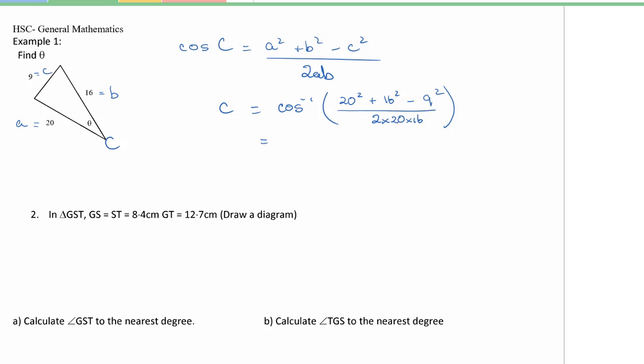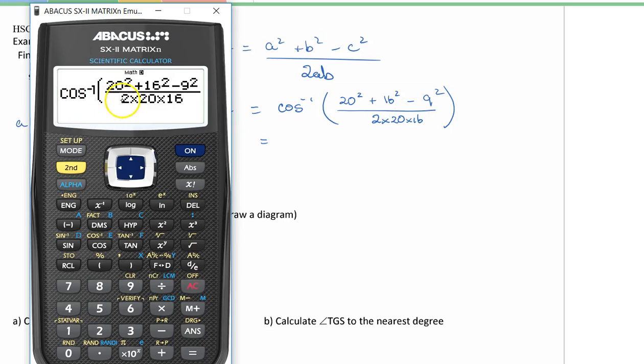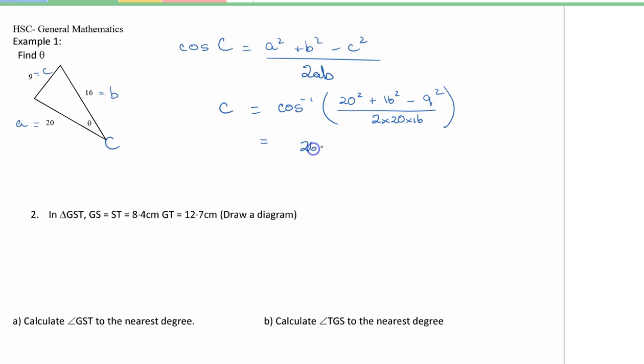So going to the calculator, you can see we've got cos inverse of 20 squared plus 16 squared minus 9 squared over 2 times 20 times 16, making sure we close that off, equals 26.04. Now these are degrees. We're working in degrees. It didn't say, so let's just say 26 degrees to the nearest degree.